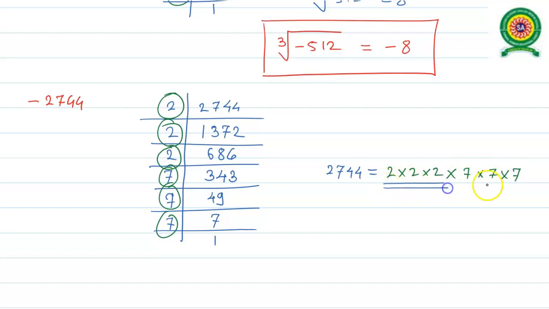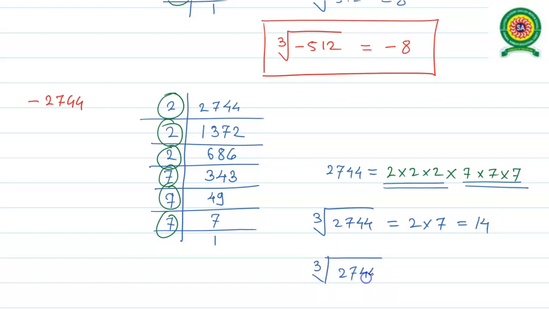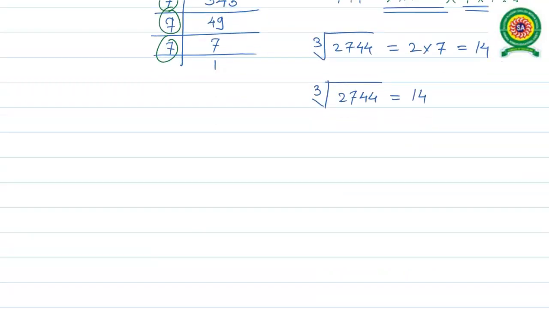So first triple is for 2, next triple is for 7. So the cube root of 2744 becomes 2 into 7. 7 twos are 14. So the cube root of 2744 is 14. Once you evaluate the cube of 14, definitely you will get 2744.